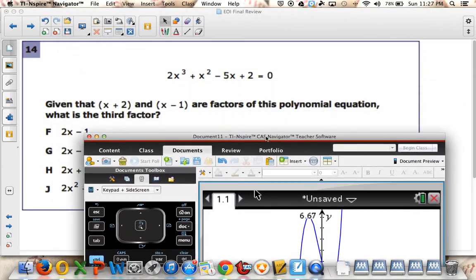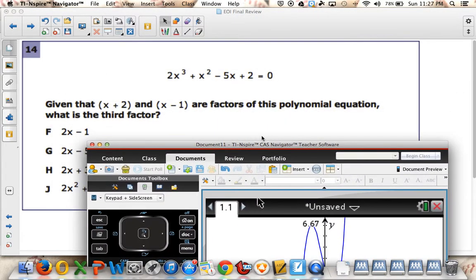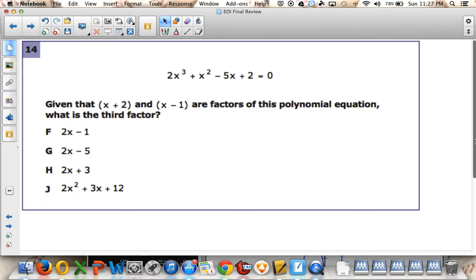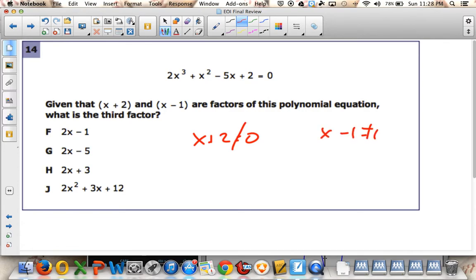Given that x plus 2 equals 0, subtract 2 from both sides, and I have x equals negative 2.